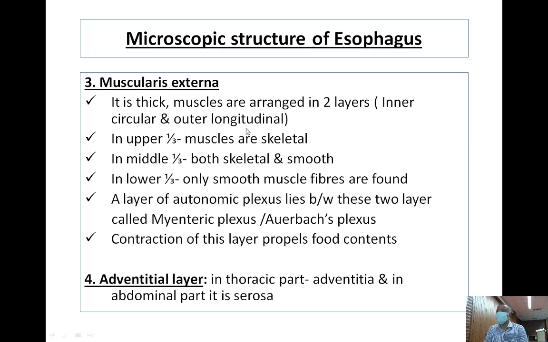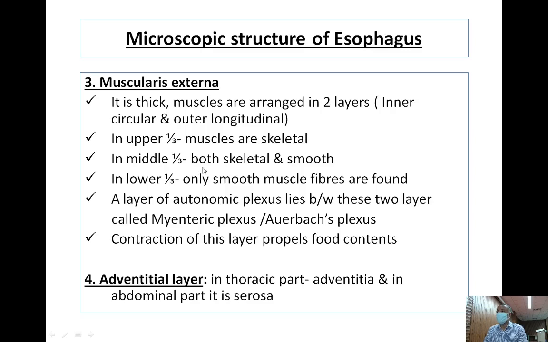If the thing is in the upper one third, we can control it ourselves, because skeletal muscle is voluntary muscle. So if something is going inside, immediately we can vomit it out by our will, because it is controlled by our voluntary nervous system, or the somatic nervous system.